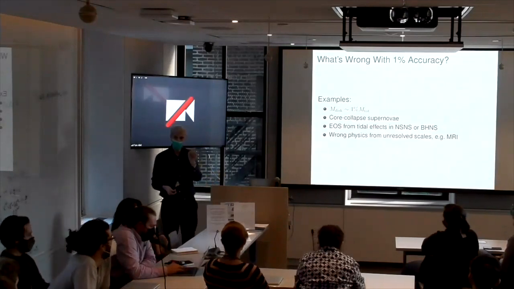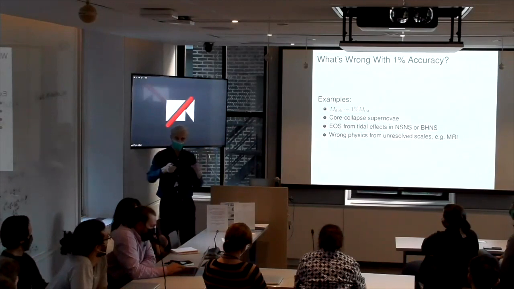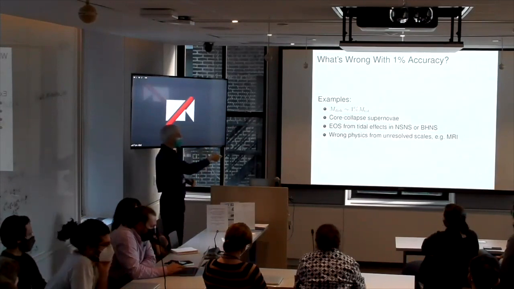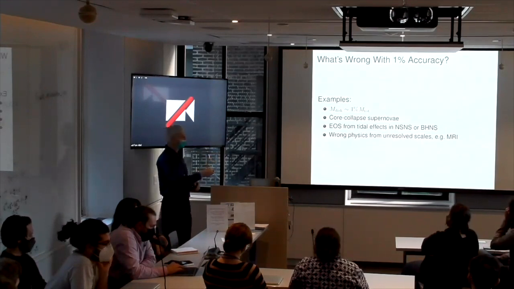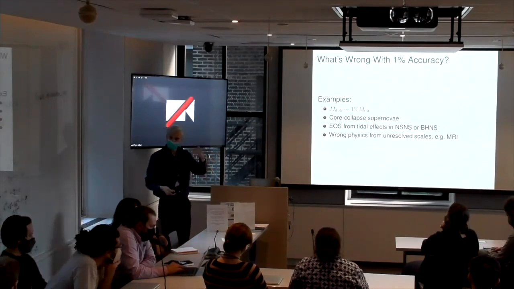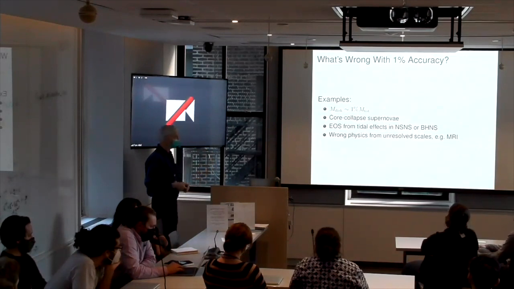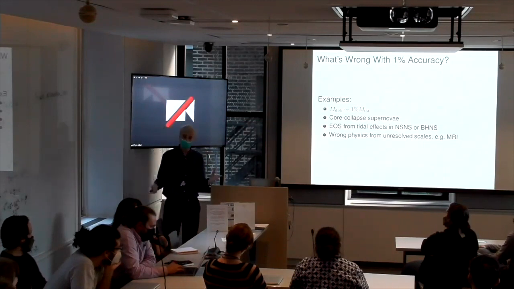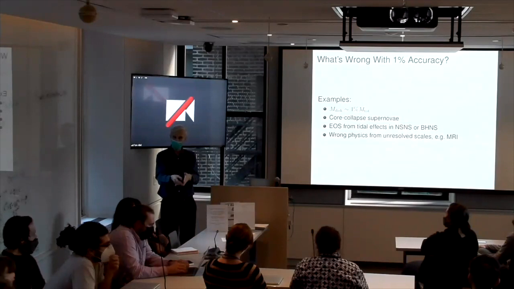Well, the tidal effects are small. You need to resolve the surface of the star to probably better than 1% in order to do this. And as the detector sensitivity improves, the problem becomes more and more acute. And then, of course, there are cases where you get completely wrong physics if you don't have enough resolution in your simulation.